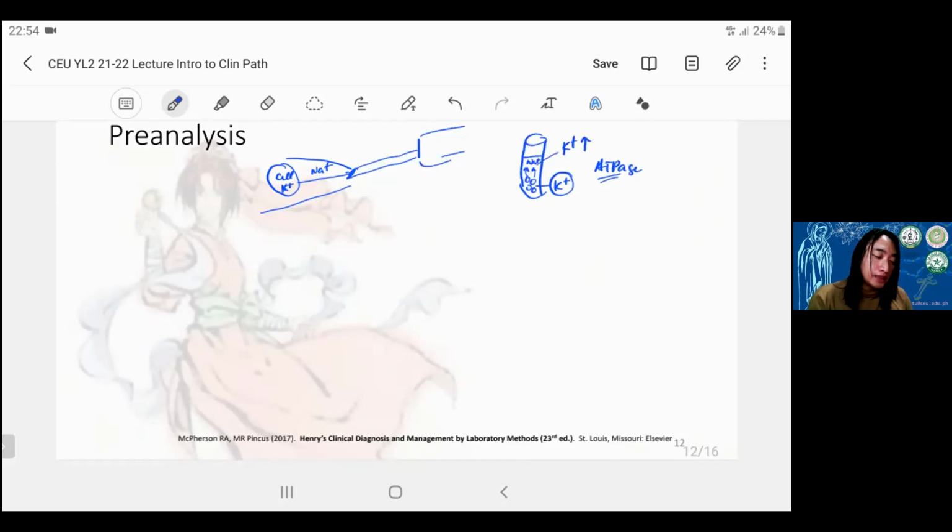So if you let the blood stand for a while and the ATP is depleted, you would have falsely high potassium levels in the serum.